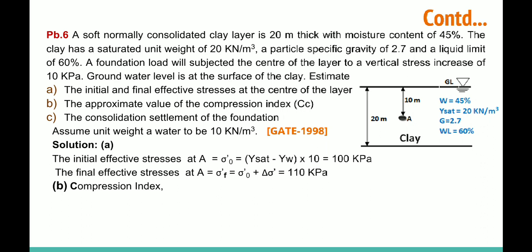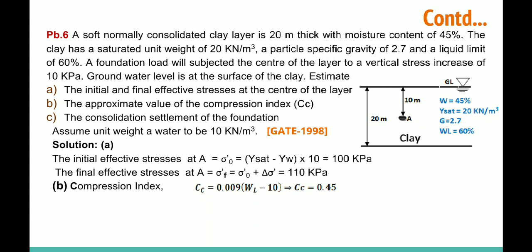Second case, we calculate the compression index. We know the formula of compression index in terms of liquid limit. We put in the liquid limit, which is given in the question as 60%, and we get the Cc value, that is 0.45.